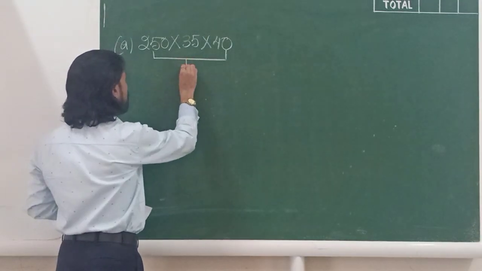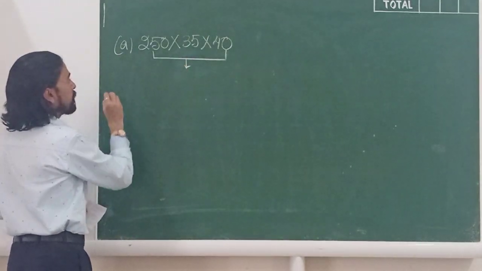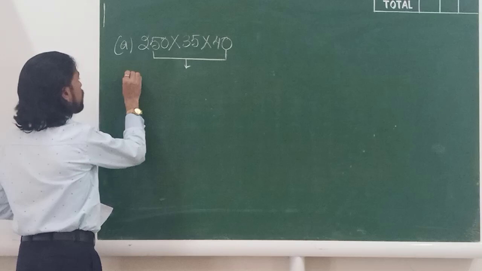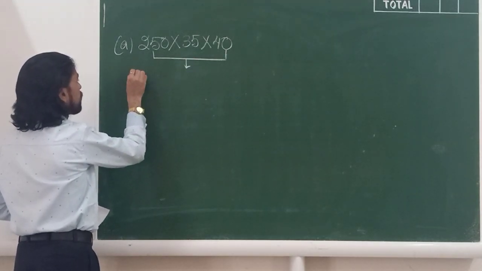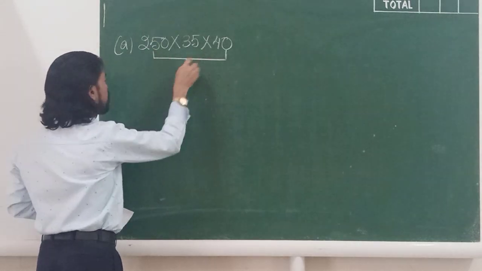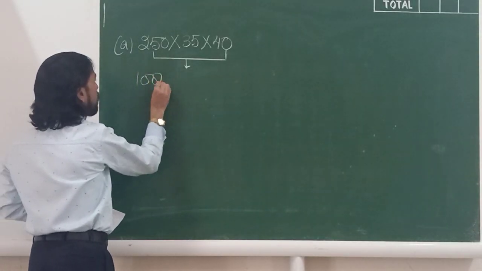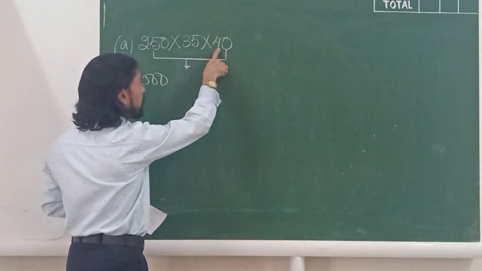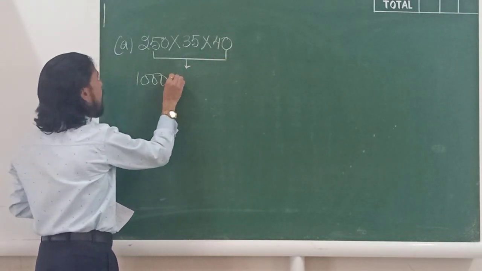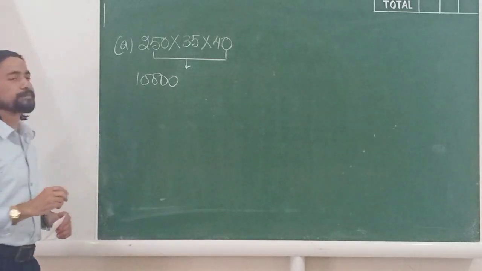So, what do I get when I multiply 250 by 40? 250 into 4 will give me 1000. Because I am not multiplying by 4 but by 40, I will add one more zero.